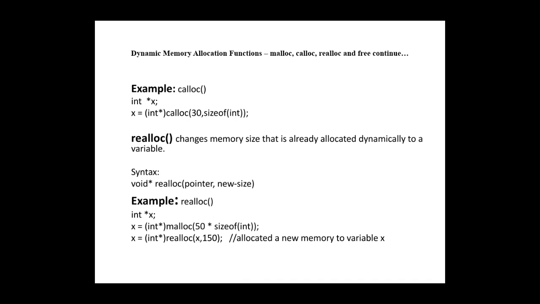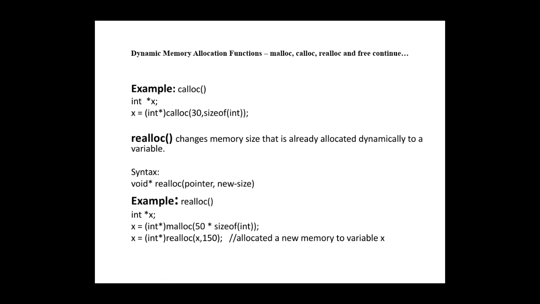So the example is here: x equals int star malloc(50 into sizeof(int)). The malloc function will reserve 100 bytes of memory, and this will be treated as a sequence of integers because we have converted the void pointer to the integer type of pointer. Then the realloc function will change the size that has been reserved using the malloc function to 150 bytes.